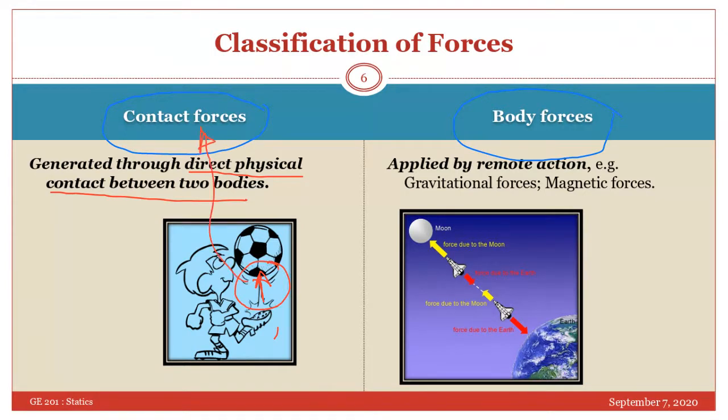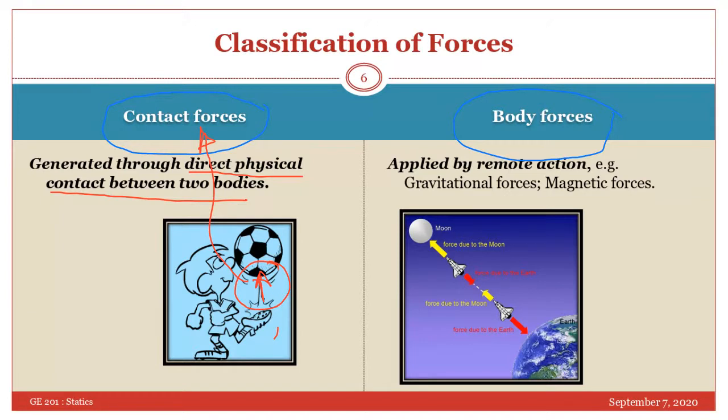On the other hand, there are some forces which we apply remotely without touching them. These forces are called body forces. You might have seen in your family or in the malls many times children play with remote controlled cars.